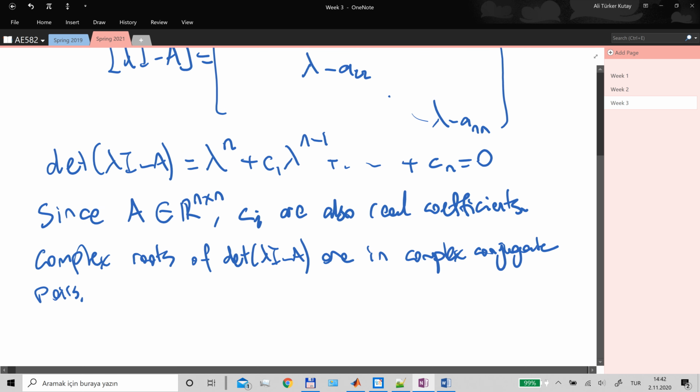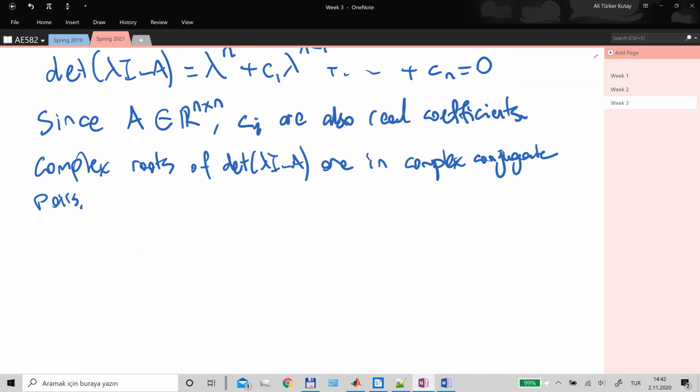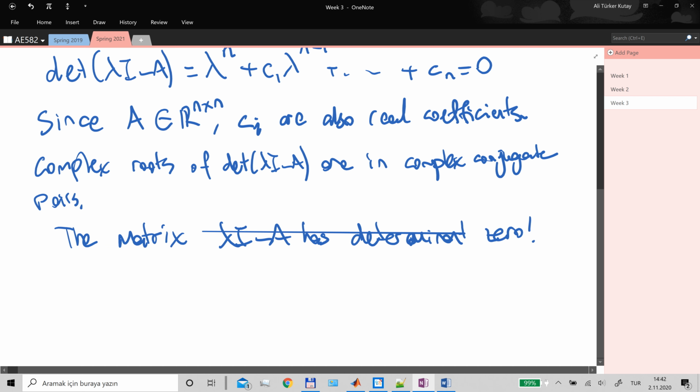Okay, so the definition says that this determinant is equal to 0. So now you have a matrix, lambda I minus A, that has determinant 0.